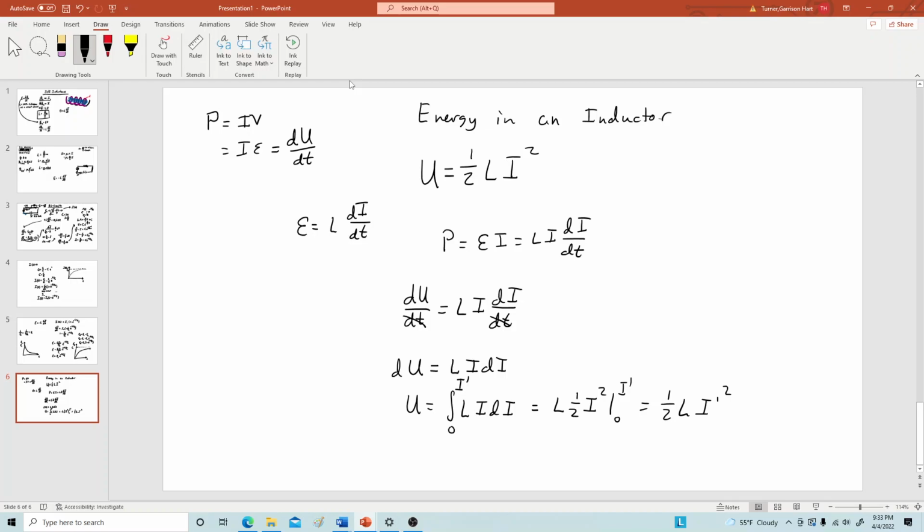Okay, there's nothing peculiar about the I prime here. It is just a maximum value of current, and therefore the form matches the form stated at the beginning of the slide. Okay, so we have energy in an inductor.